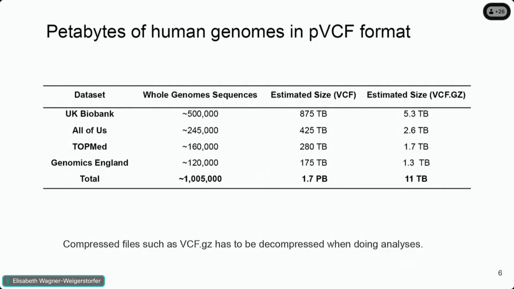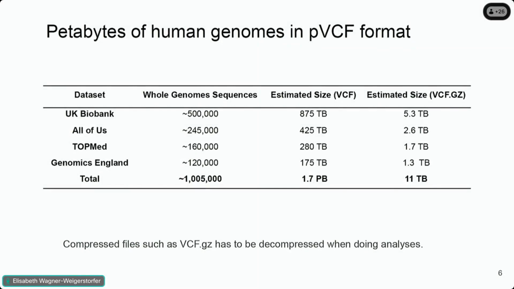What people do these days is use a common compression algorithm called gzip to compress the data. After that, you get a vcf.gz, which is quite a bit smaller, but it would still take 11 terabytes of space.